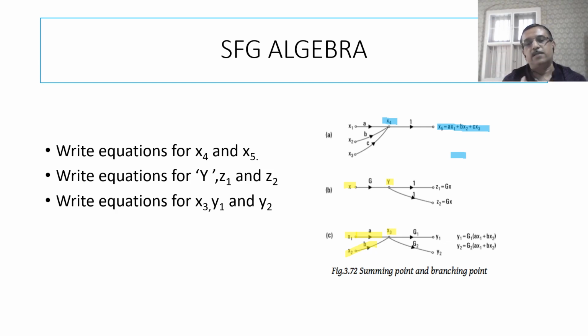So x3 will be A into x1 plus B into x2. And what will be y1? y1 will be g1 into (Ax1 plus Bx2). And what will be y2? y2 is getting multiplied by g2, so g2 into (Ax1 plus Bx2).